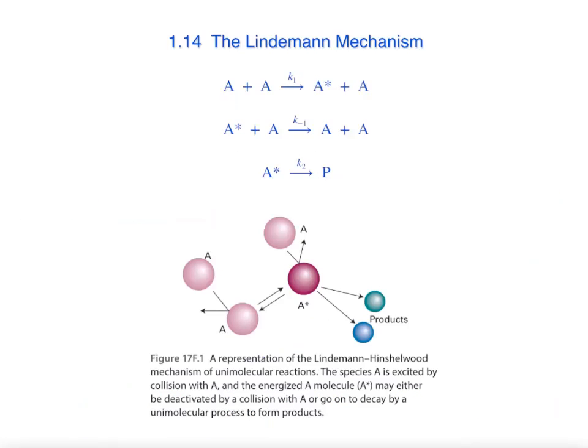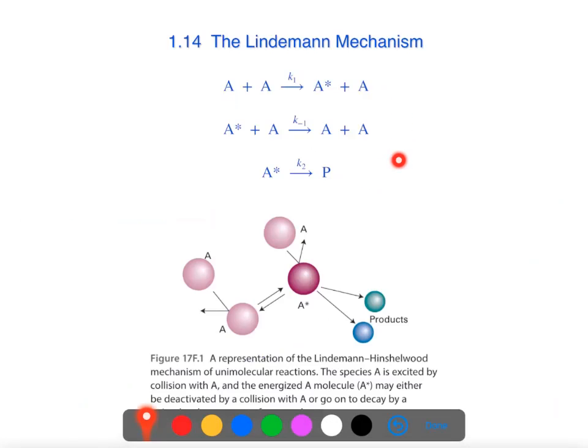So here we have a figure representing the Lindemann mechanism. Above, we have the elementary reaction steps of the mechanism, and described below are two molecules of A colliding through a bimolecular collision to give us our activated reactant A star. And then subsequently, A star will undergo one of two possibilities.